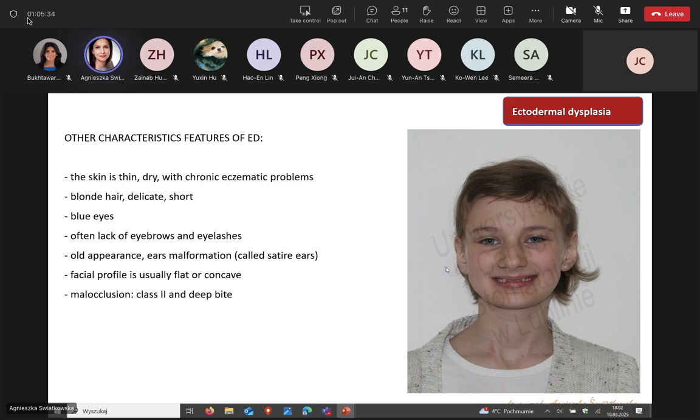The facial profile is usually flat and concave, because the lower part of the face is shorter. Why? Because the patient has a lack of germs of the teeth, so very often we don't see the correct height of occlusion. Most often we observe malocclusion, class 2, division 1.